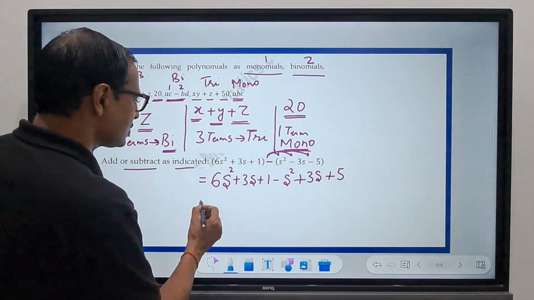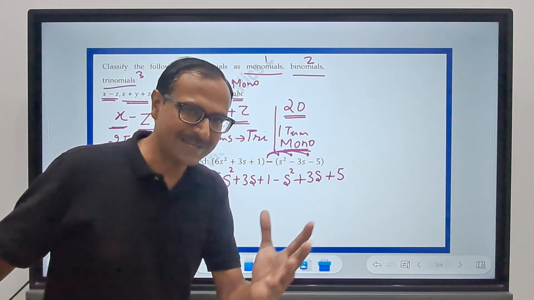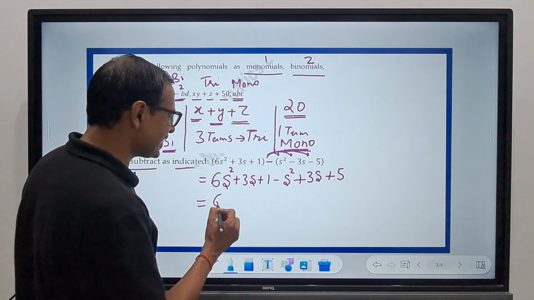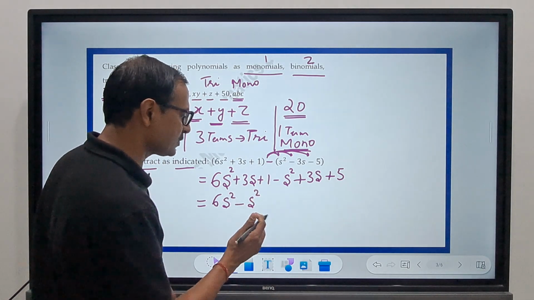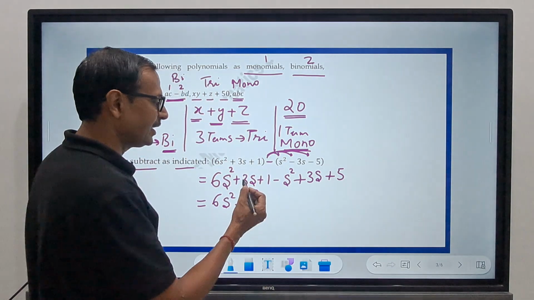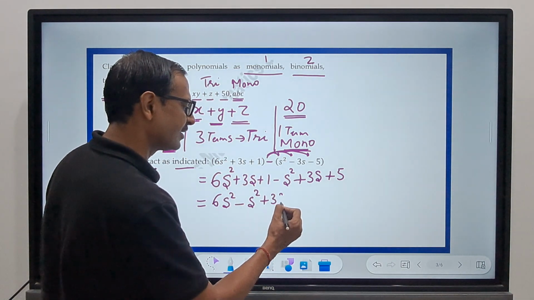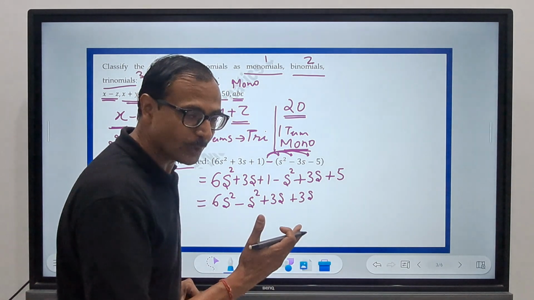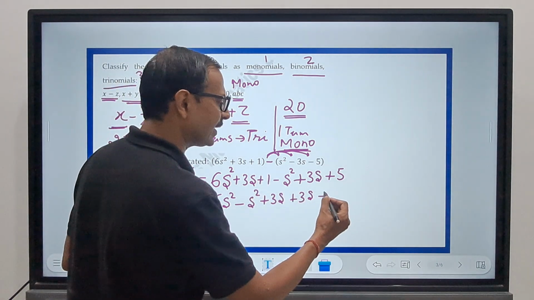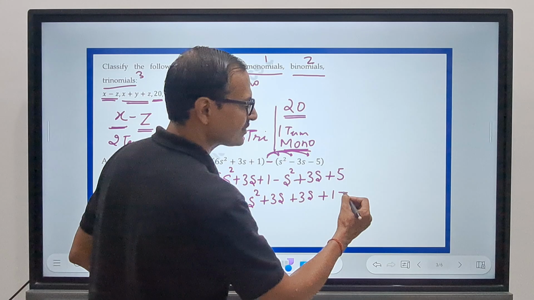And now it's all about like terms, like terms, like terms. So you can see 6s square, and this term minus s square is a like term because both of them contain s square. Here we have plus 3s and here we have plus 3s. They are like terms, so I am writing them together. Here we have plus 1 and here you have plus 5.